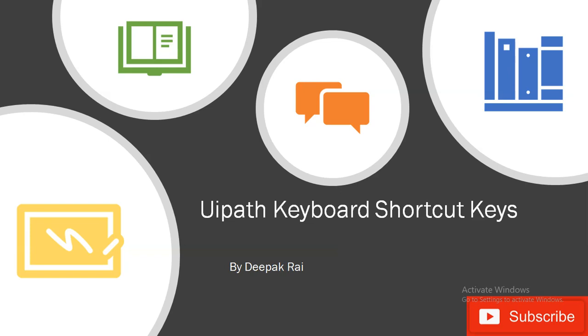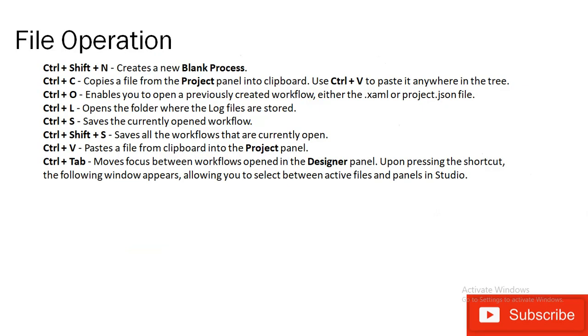So here we go with the UiPath shortcut keys. If you are performing file operations, which are always required when you are working with different file and folder structures, the shortcut available is Control plus Shift plus N. That will create a blank process and give you quick access, rather than going to the main hub, clicking on the workflow, and selecting the option to create a new workflow.